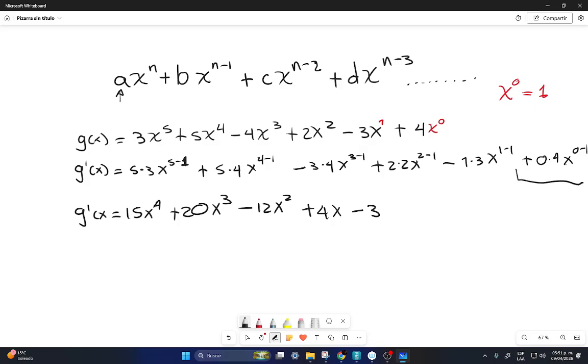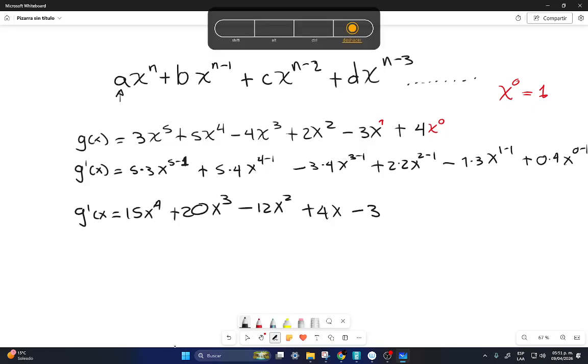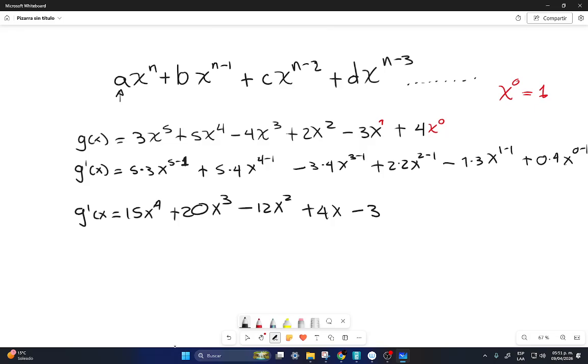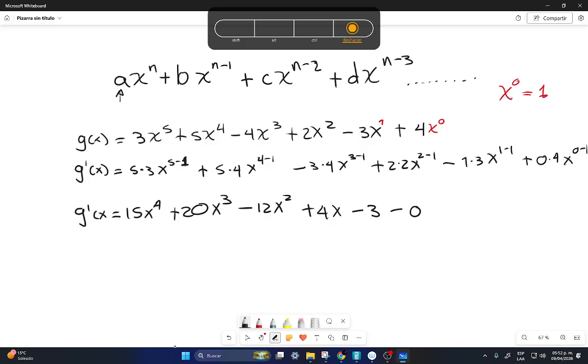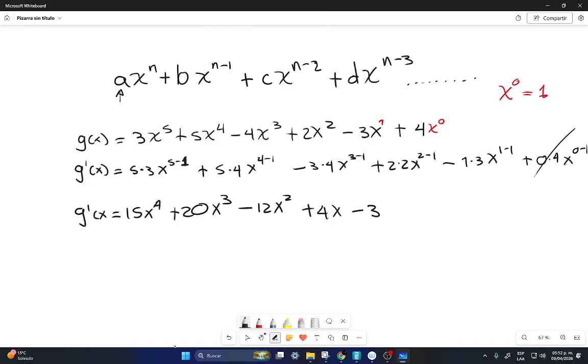Okay, but what happens in the last term? 0 times 4 times x to the power 0 minus 1. It will be 0x to the power negative 1, but that is just 0. So basically this term disappeared. And that will always happen in any polynomial function.